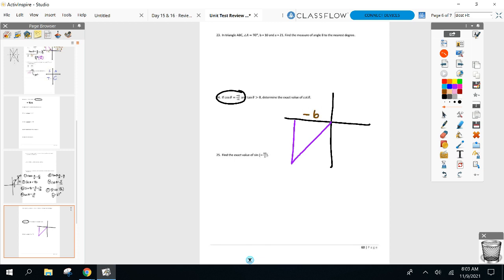And where's the 10 going? Hypotenuse. Yep, little Pythag action for you. A squared plus negative 6 squared equals 10 squared. You should get a whole number out for A, I believe.